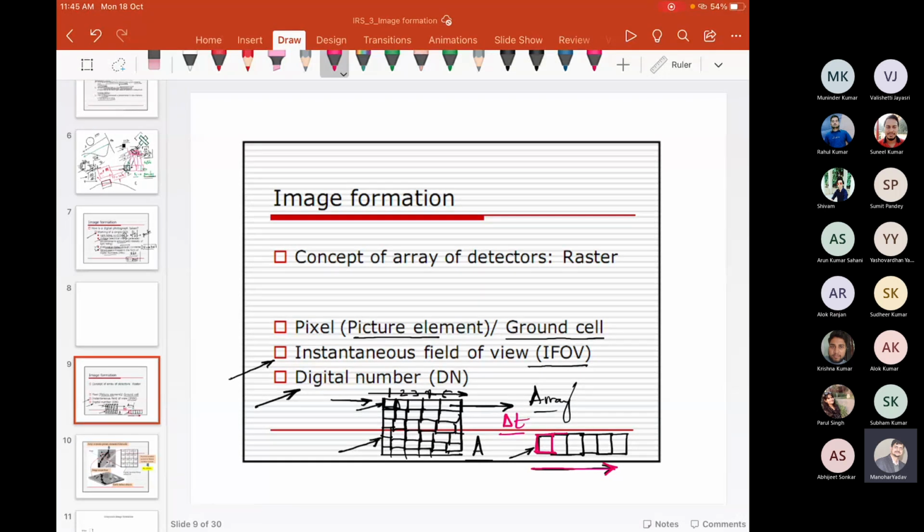Then for the next delta t, the rotation is already provided, and now the focus is at the second grid. For the next delta t, it is at the third grid, and so on till the fifth. So this could be the way to capture the digital number information for the ground resolution cell.